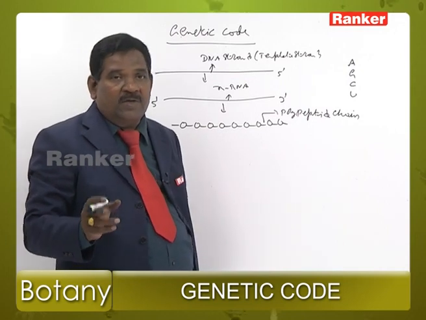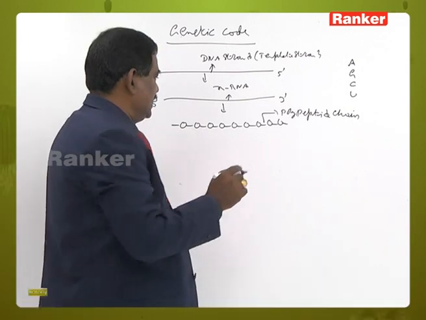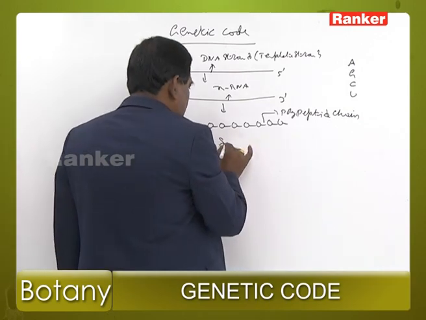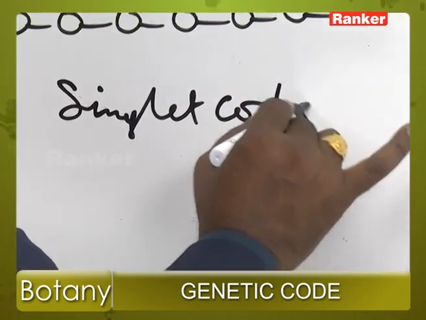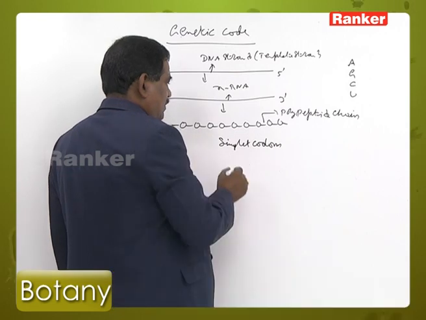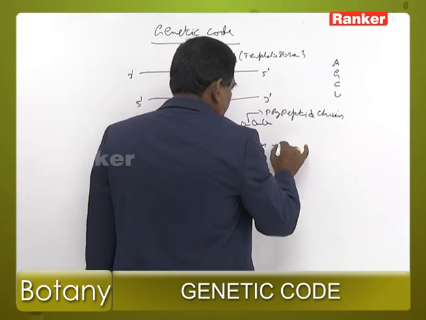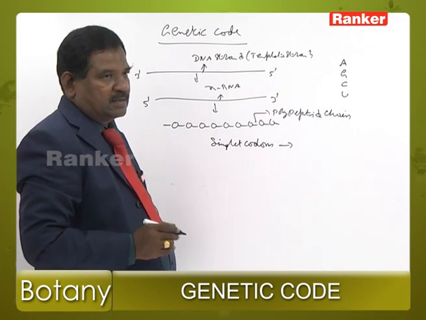A codon with one nucleotide or one type of nitrogen base is a singlet codon. Possible number of singlet codons?